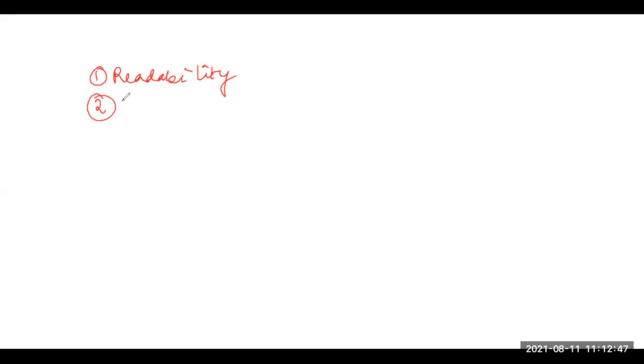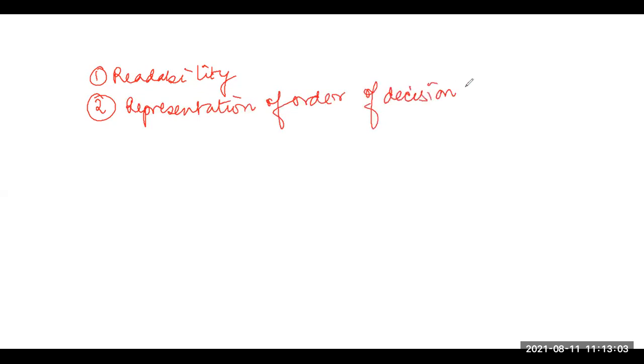Then comes representation of order of decision making. The order of decision making is better in a decision table. Decision trees are not that useful when considered hierarchically.